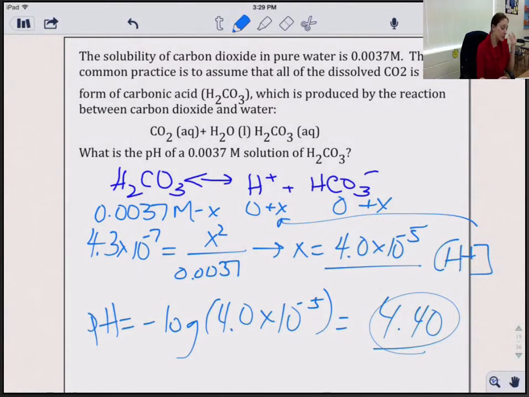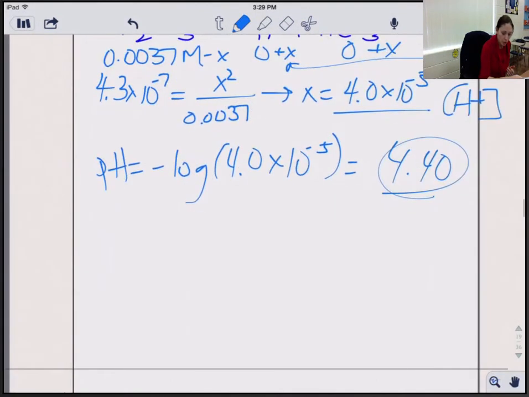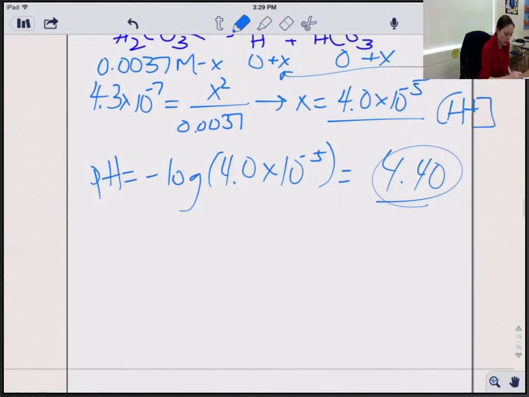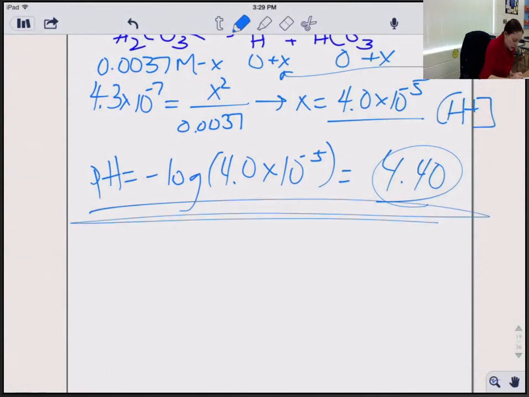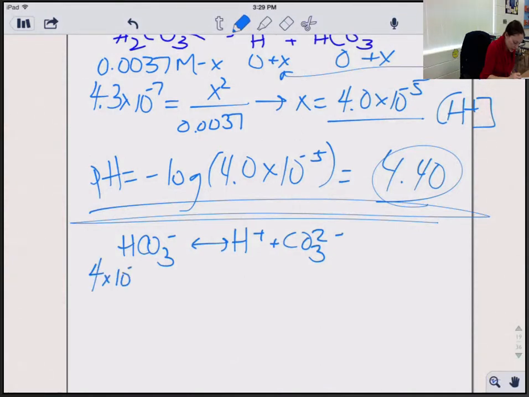And I just want to do this whole thing about polyprotic acids and how they have more H pluses to lose. Well, if I do take into account my second time here, I would be going into H plus and CO3 2 minus. This would be 4 times 10 to the negative 5th. That's how much of the HCO3 minus I have, minus however much I would turn into more H plus.